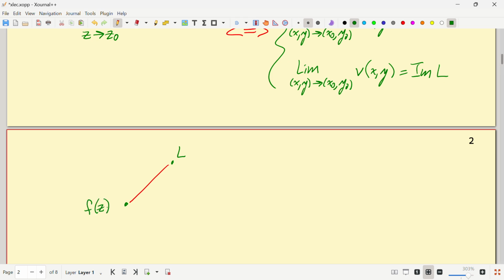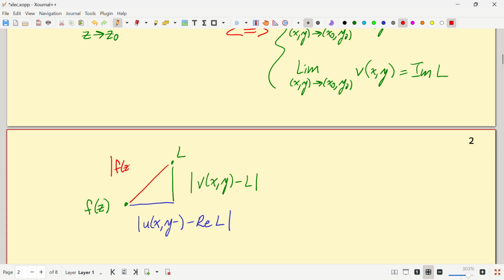And so that red line is the distance. And here's a blue line and a green line. The blue line is absolute value of u of xy minus the real part of L. And the green line is the absolute value of v of xy minus L. And the red line is f of z minus L in length.